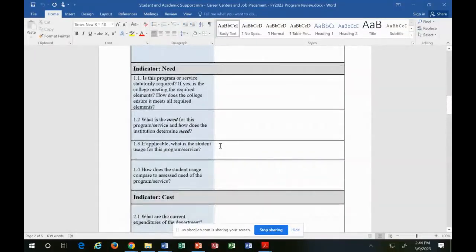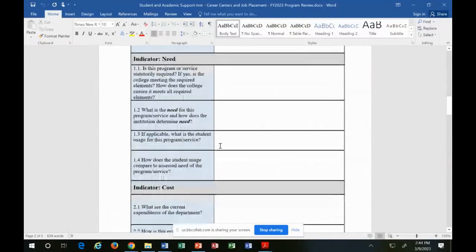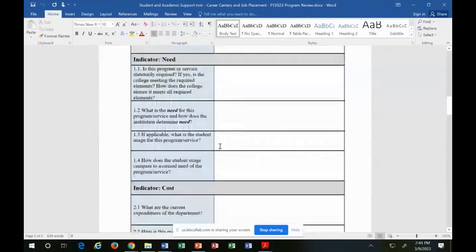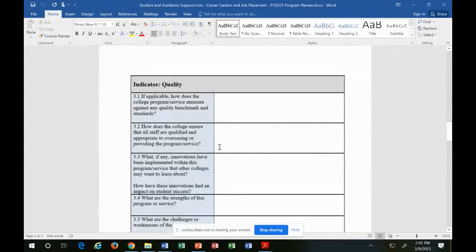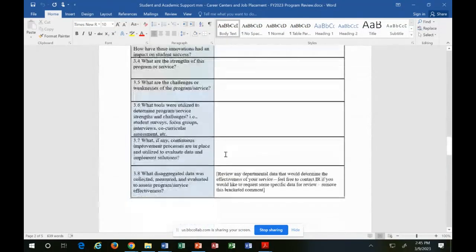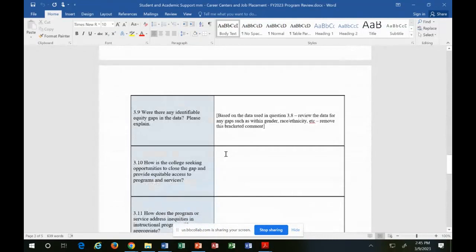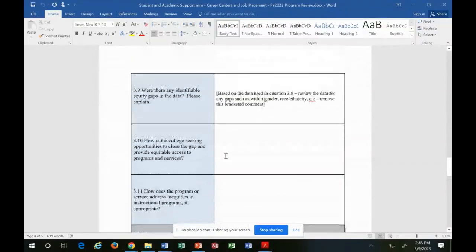The CTE, we've really been able to zero in on that. But same thing, the need, the cost, we don't really have your cost. We do have the academic because we use instructional transactions. And then quality, again, that is pretty much where you can add your thoughts.